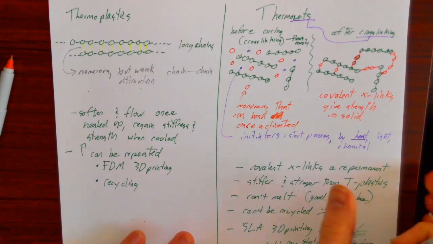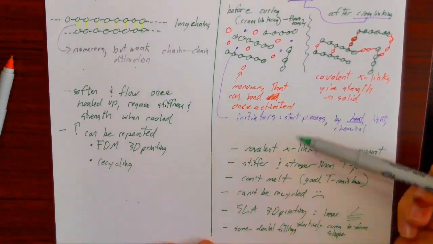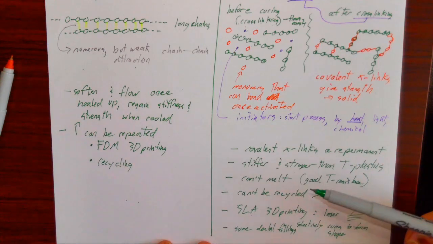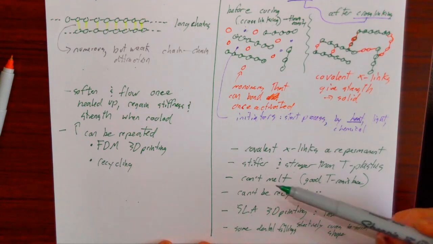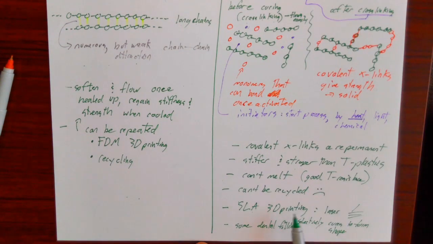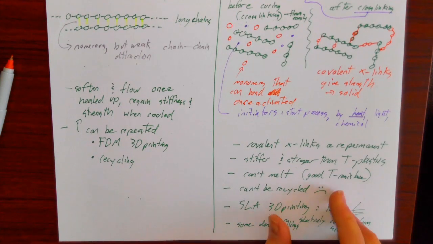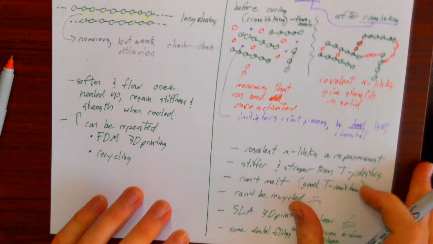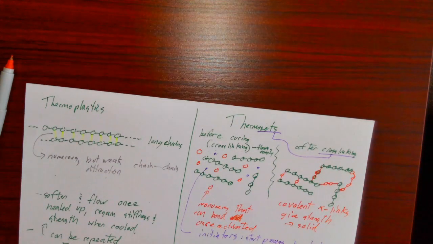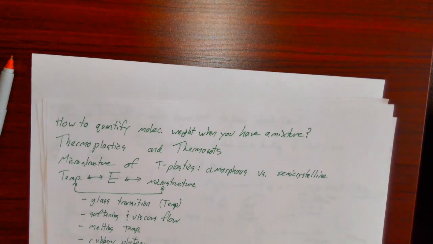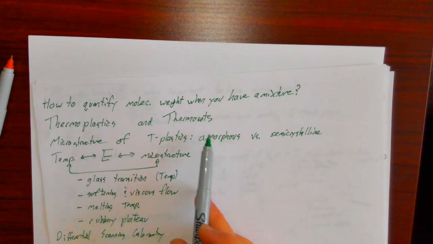So there are pros and cons, and depending on your application, whether you want it to be recyclable or you want it to be permanent, or what type of manufacturing technique you want to use, you might choose one versus the other. So that's the distinction between thermoplastics and thermosets.